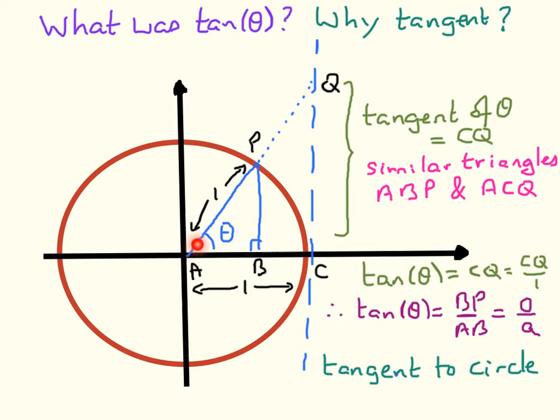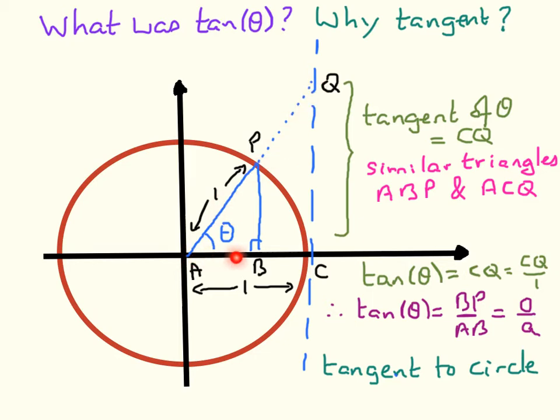And if I take the line going from the origin to P, and I just continue it as with this dotted line, then one way of defining the tangent function is to say that it is the length of this line, of the tangent to the circle when the angle is 0, going up, and how long it is until you meet the extension of this line of angle theta.